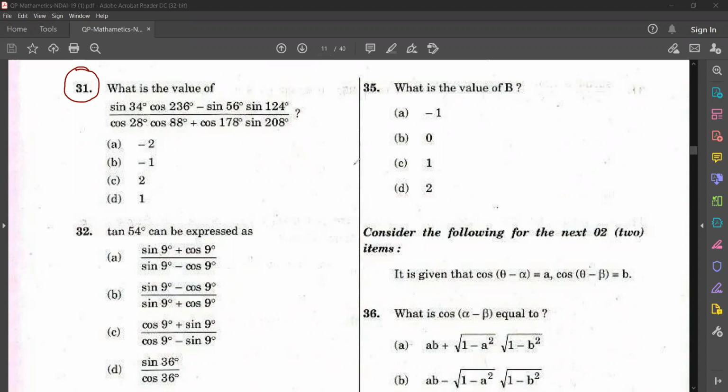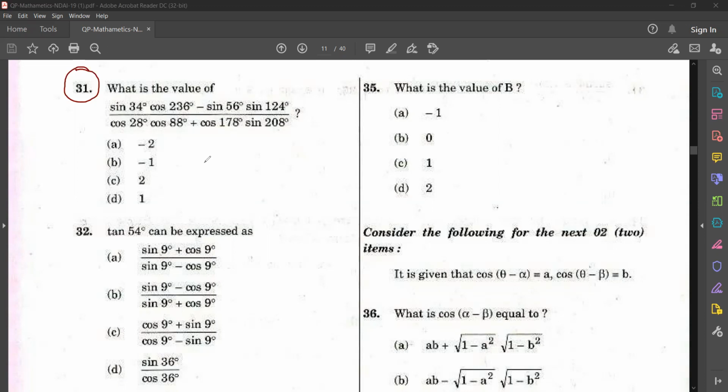Go through the question. I need all of you to answer. Once you get the answer, just comment it. The question from trigonometry is, what do you think we can do here? Just read carefully the numbers.